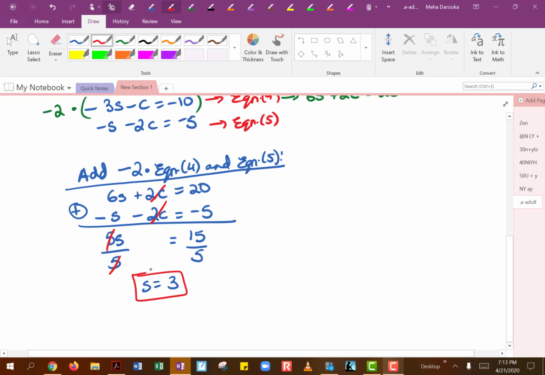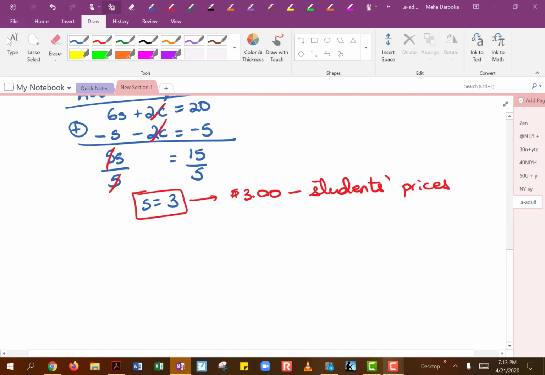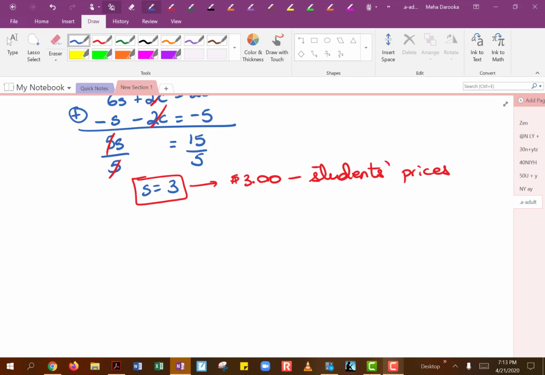So we got our value for s, and this represents the ticket price for the student tickets. Now since we have found s, we can go back and find c. To find c, you can use either equation 4 or 5.